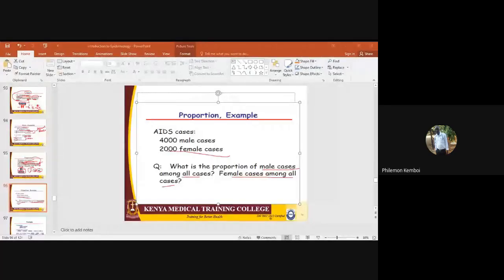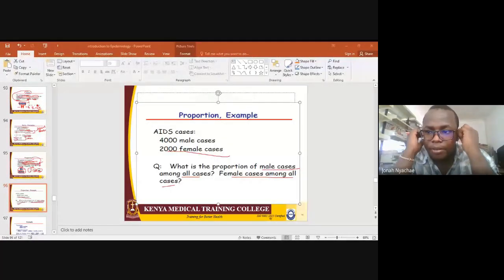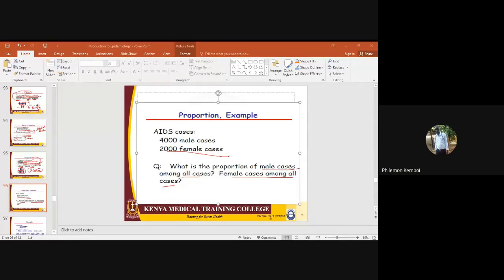Are we really together? Yes, you can go on. The male case is 2 ratio 3, and the female case is 1 ratio 3. Am I correct?